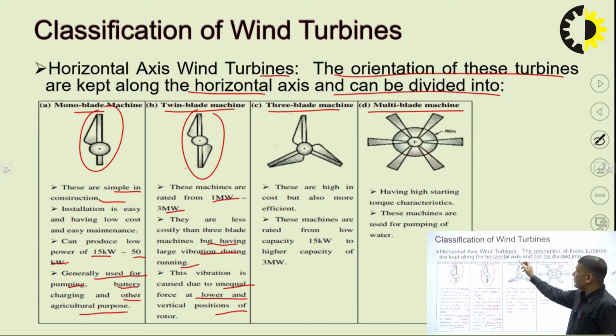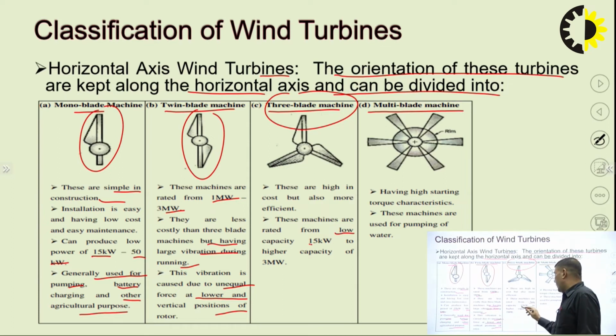Then we have the third one, the three blade machine. They are high in cost, but they are the most efficient. These machines are rated from low capacity, 15 kilowatts, to higher capacity, up to 3 megawatts. And then we have more than three blades, you can say multi blades, maybe 4 or 5 or more blades.